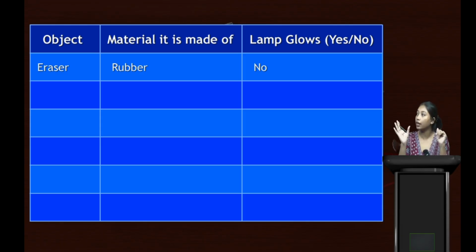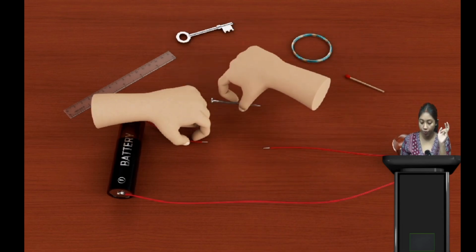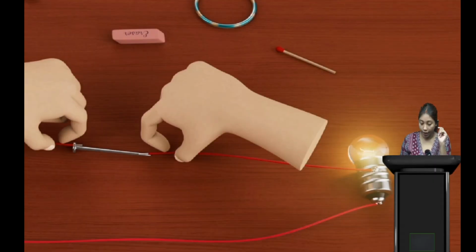And we can see here there are object names, the material it is made up of, and whether the lamp glows, yes or no. First thing, the eraser we have used is made up of rubber, and the lamp did not glow. After the eraser we used a nail.